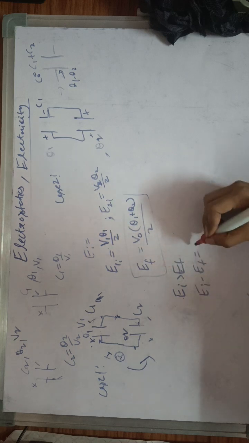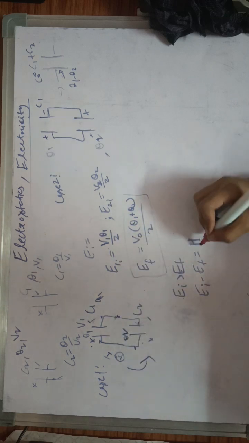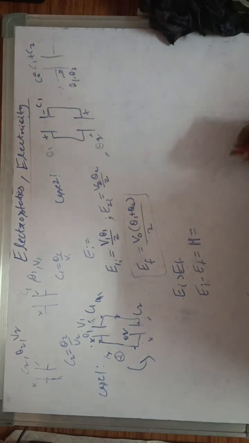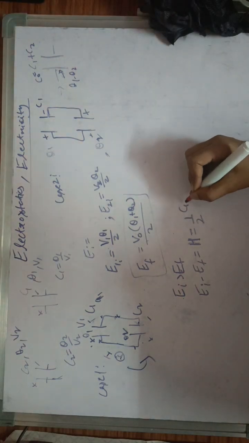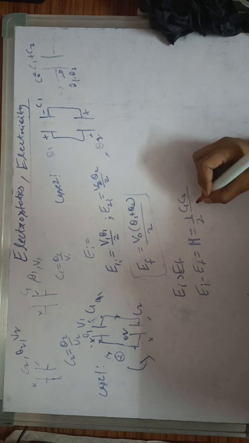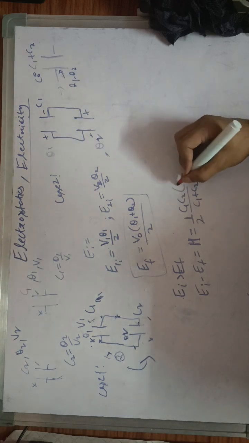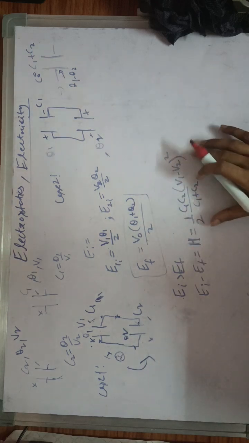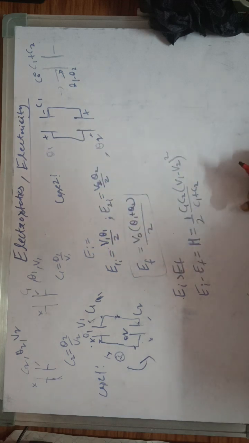E initial minus E final is equal to some heat energy lost, which is given by the formula 1 by 2 C1 C2 divided by C1 plus C2, bracket V1 minus V2 whole square. We can derive this formula by subtracting this E final from this E initial.